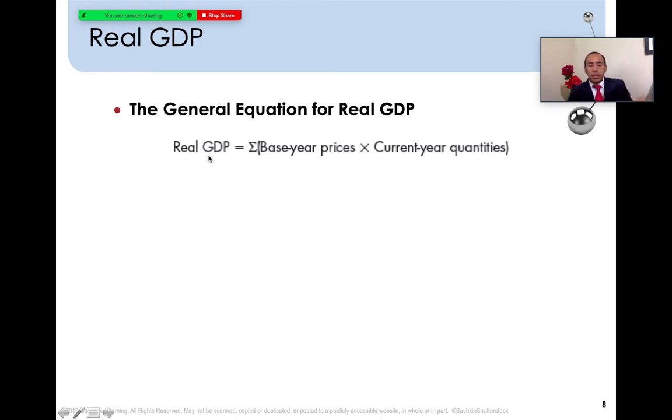The real GDP calculation is using the base year prices, any base year, and we are in 2020, for example. And if we want to look at the real increase in GDP in comparison to 2010, we need to look at the consumer prices for 2010, put those prices here.